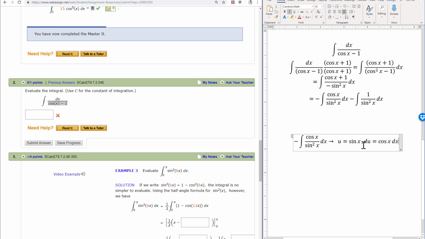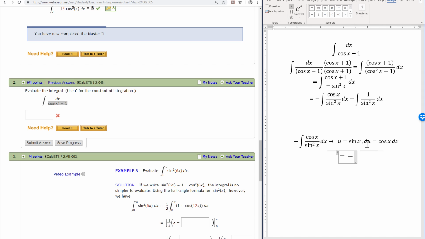Then our integral will become a negative integral, with a 1 over u squared du. So for u squared, it'll be u to the negative 2.